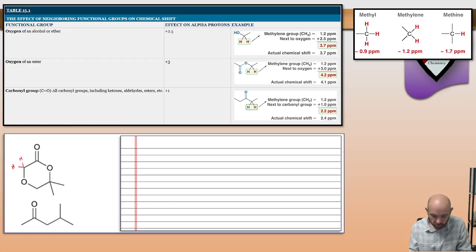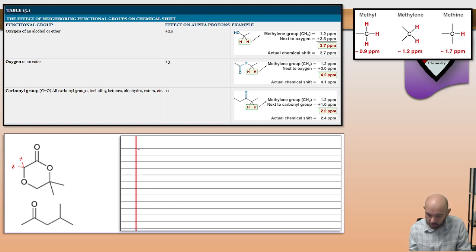And this carbon would be alpha to this oxygen here, and alpha to the carbonyl group as well. So it's alpha to an ether oxygen, and it's alpha to a carbonyl carbon or a carbonyl group.